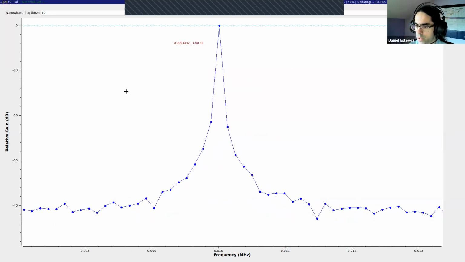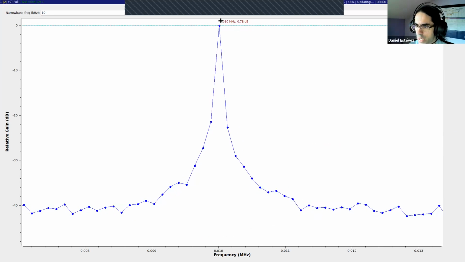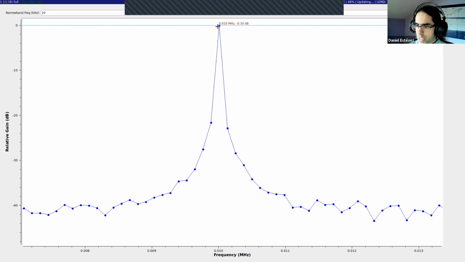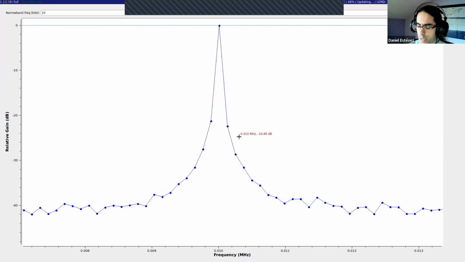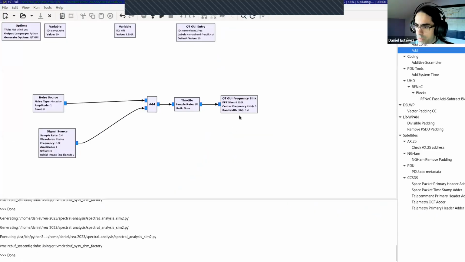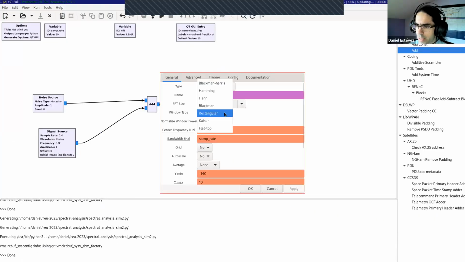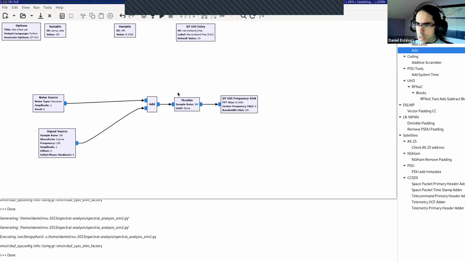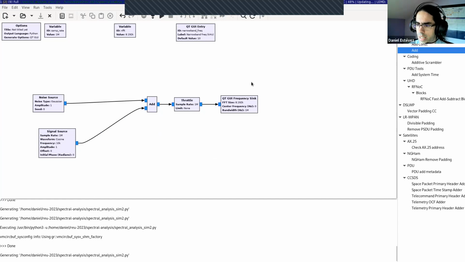So the amount of bins affected by our narrowband signal tends to be wider with the rectangular window. So that's the reason why other kinds of windows exist, and there is some amount of design depending on what aspects of the FFT you want to enhance. It is not possible to have something that works the best in all performance parameters that people are interested in.